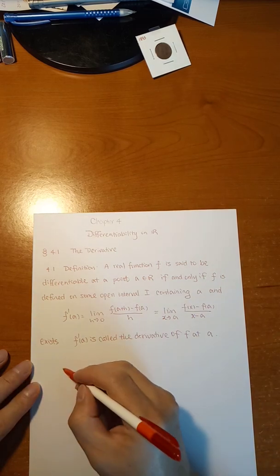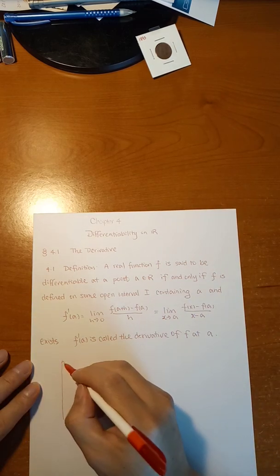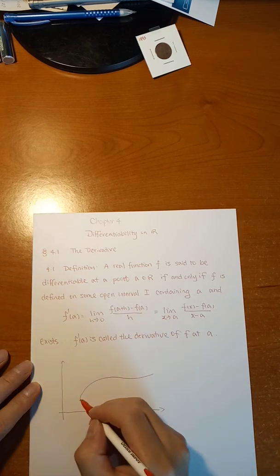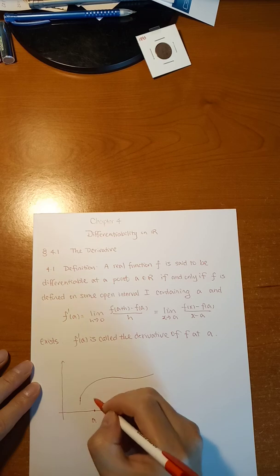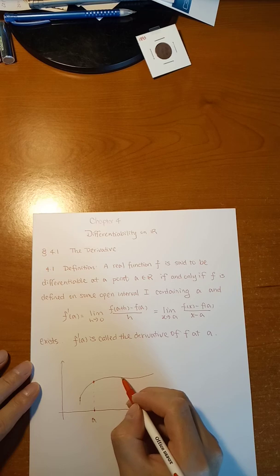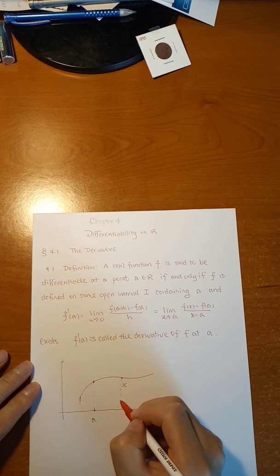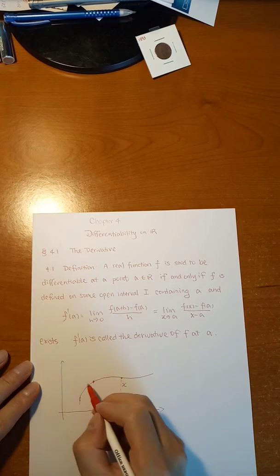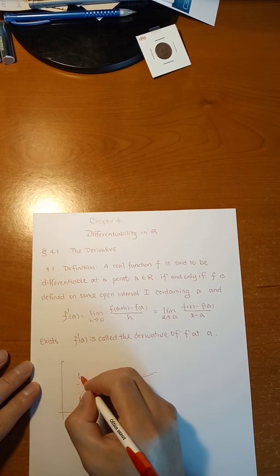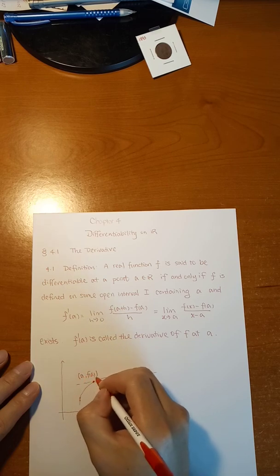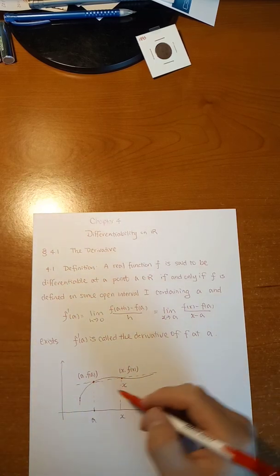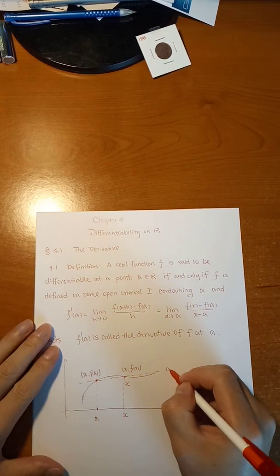So we all know the geometric meaning of this definition is that when you have a point a here, and you have x at this place, and you connect the points (a, f(a)) and (x, f(x)), there's a line through those two points. This is called a secant line.